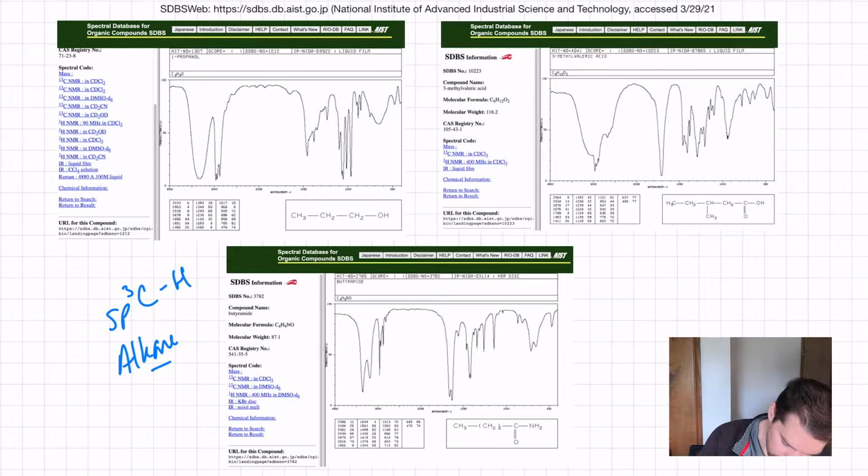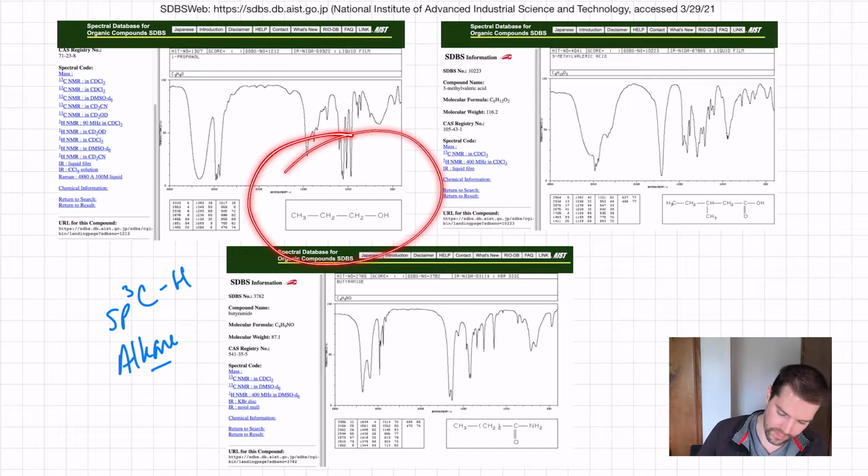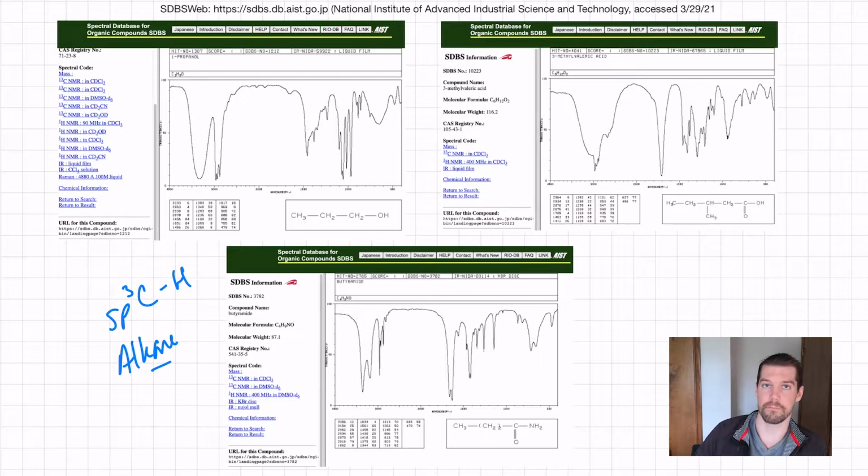You can see here this is just to the right side, just underneath 3000, so that is indicating alkane CH bonds. I don't think I have any alkene bonds on this one. We'll compare those a little bit later. All right, so that's everything we can do for this one. We have our alcohol and we have sp3 CH. Can I tell the entire structure from this? Absolutely not. All I know is it has an alcohol and at least some alkane portion to it. Let's look at the next one here.